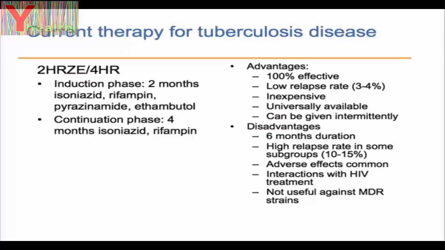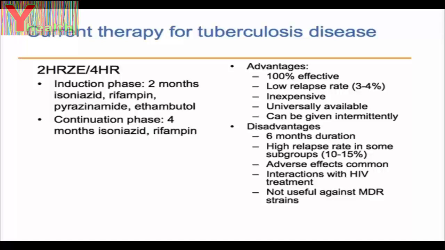On the other hand, the regimen does have several disadvantages. It's still 6 months long, which is a long duration for many patients. And in some subgroups, patients with very extensive burden of tuberculosis who are slow to respond during the induction phase, the relapse rate may be considerably higher, in the neighborhood of 10 to 15% if treatment is stopped after 6 months.